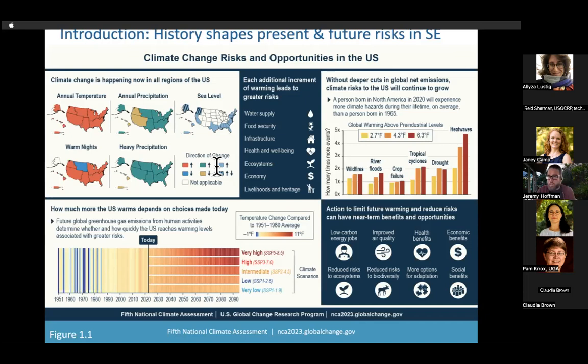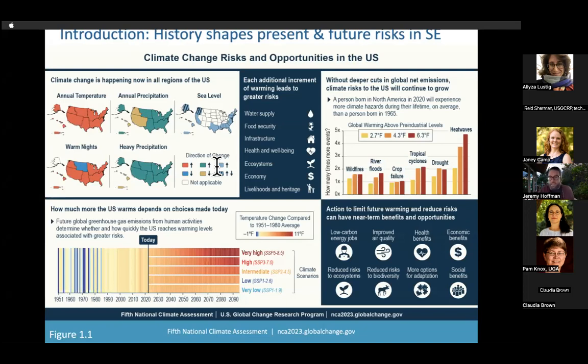You'll hear other authors talk about those areas of our chapter later on today. But our region's history of both racial and economic marginalization for generations has placed and continues to place poorer and communities of color at rapidly growing risk from climate impacts.